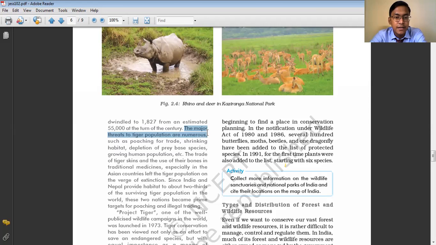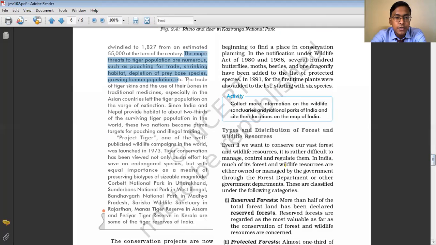The tiger population reduced because of numerous threats such as poaching for trade, as they were killed for their skin, and shrinking habitat, that is the area where they live, because of destruction of that habitat. There was also depletion of prey-base species, the animals on which they used to feed, and growing human population.